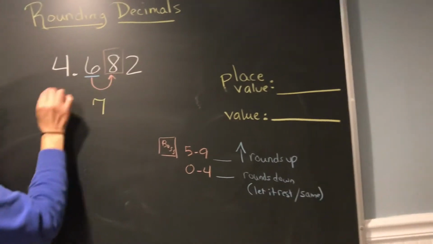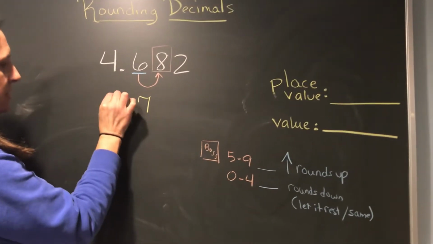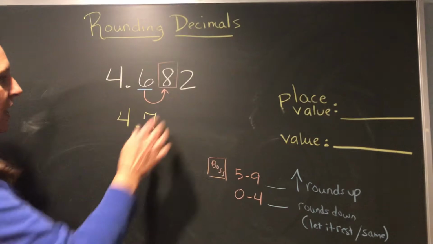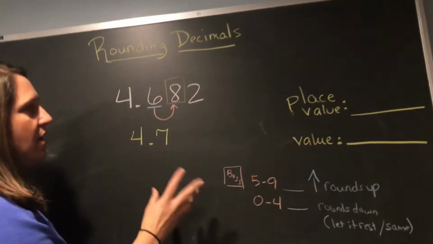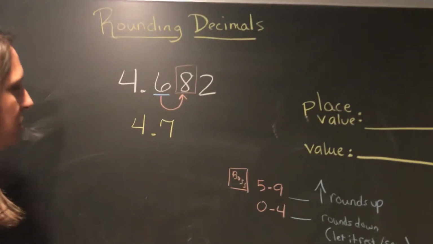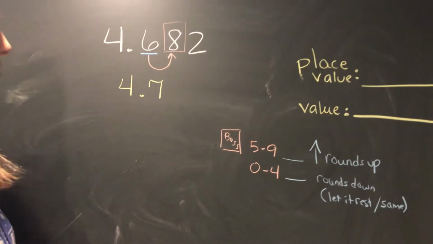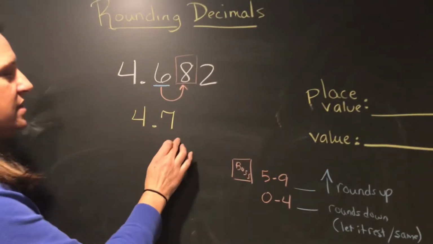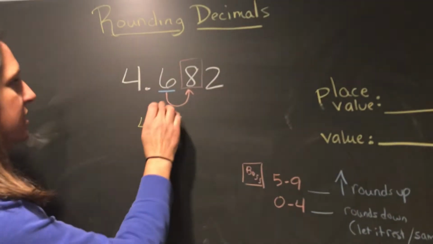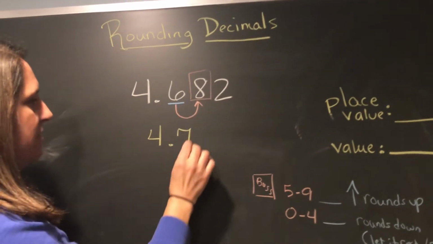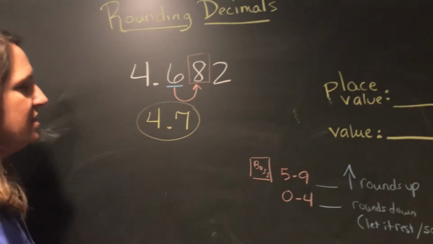We rewrite everything to the left, and then everything else falls off. The 8 and the 2, we're just going to ignore, and so our answer is 4 and 7/10. So 4 and 682 thousandths rounded to 4 and 7/10.